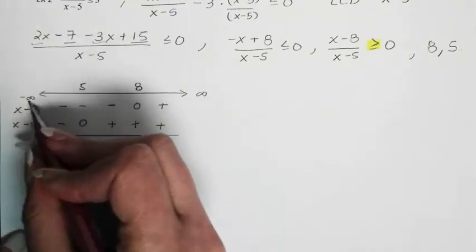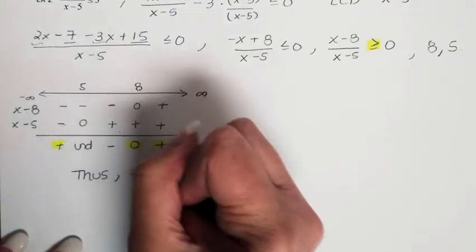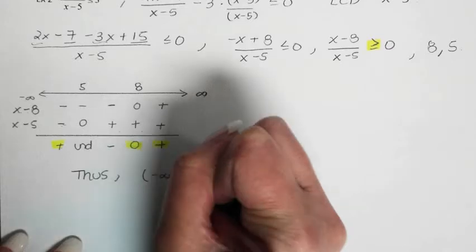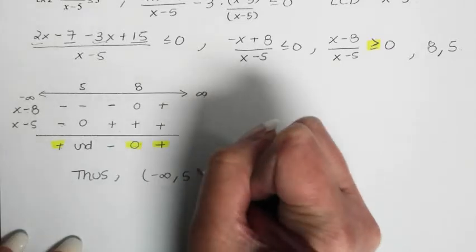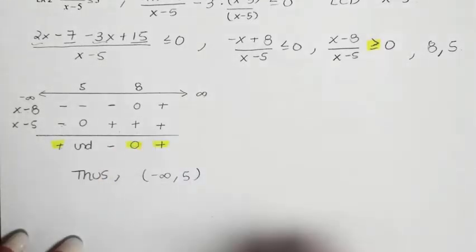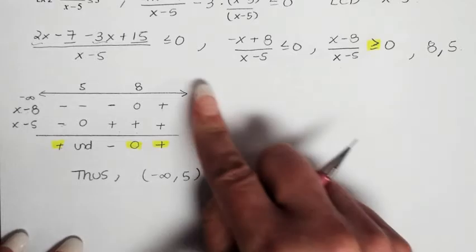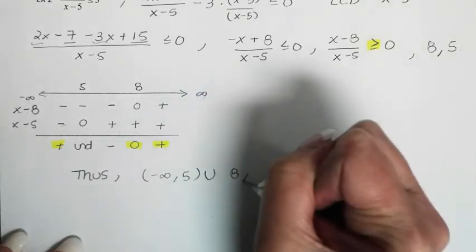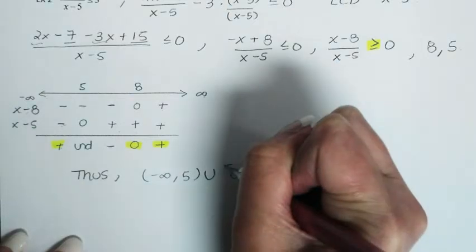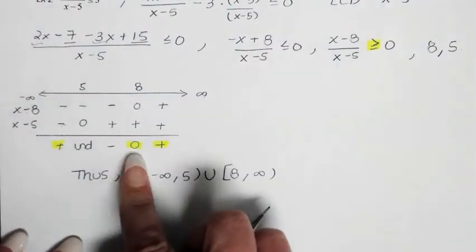It's going to be from negative infinity to 5. You are not going to include the 5 because it's undefined at 5. Then you move on and it's going to be union, and it's going to be from 8 to infinity, but you do want the 8 because at 8 it is 0. And this is your result.